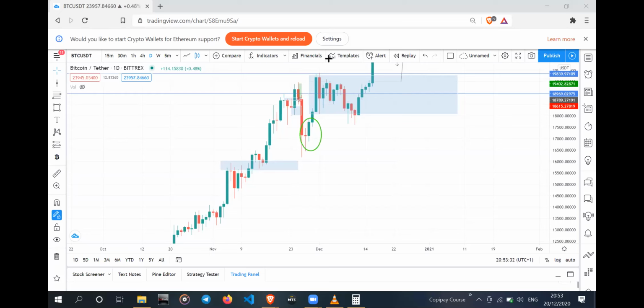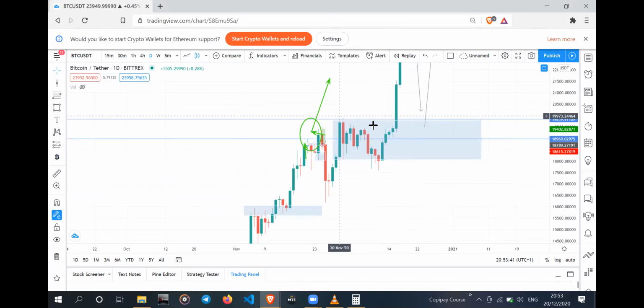Over here, this bullish candle engulfed the bearish one, and then we had continued price movement. Here, one second, let me clear this. We had this bullish candle engulf the previous bearish one, but the upward movement was not sustained. We had a slight push and then a dump.